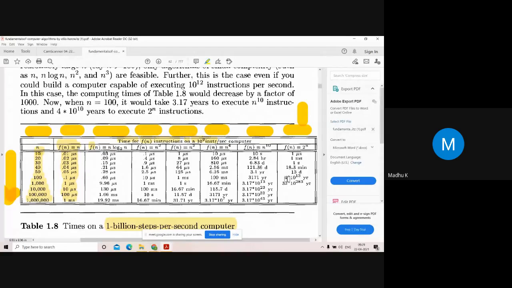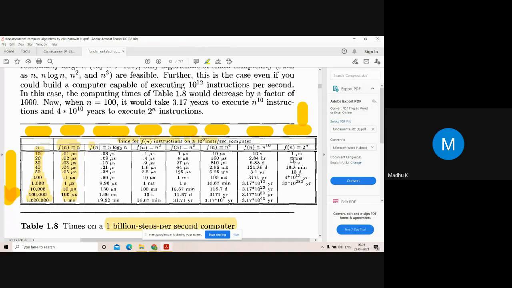It will take 4 into 10 raised to 13 years to solve it. It is years. So if n is equal to 100, the exponential time algorithm will take 4 into 10 raised to 13 years to solve that problem. It's a very big time.